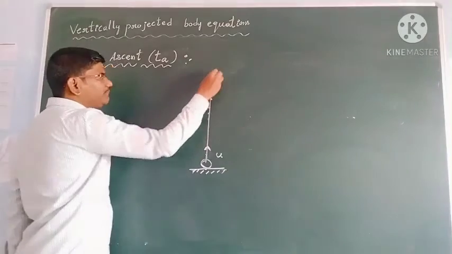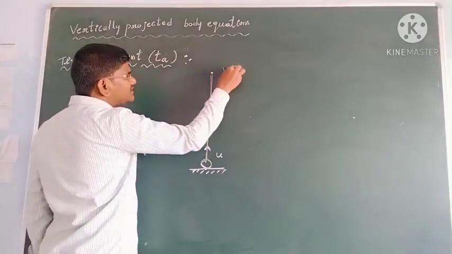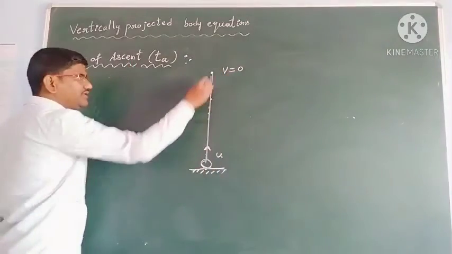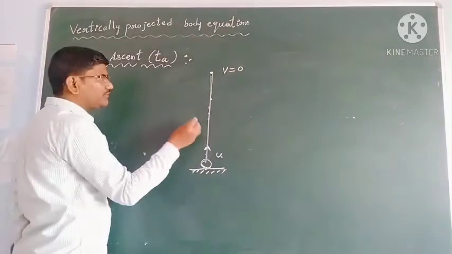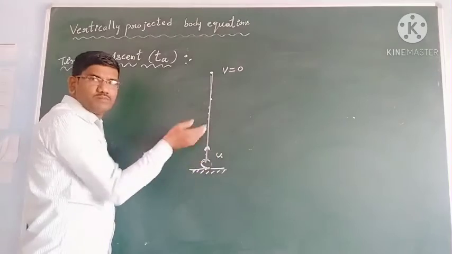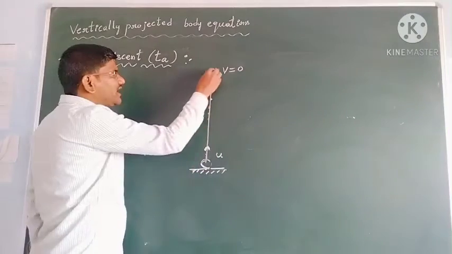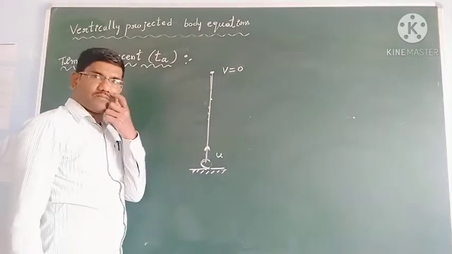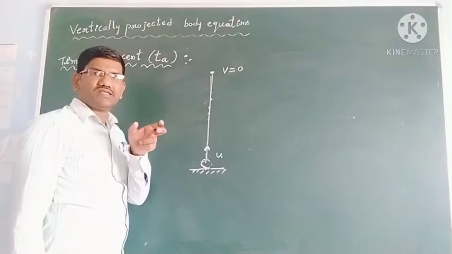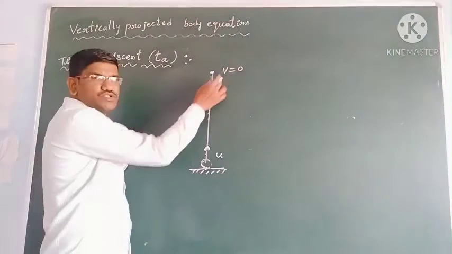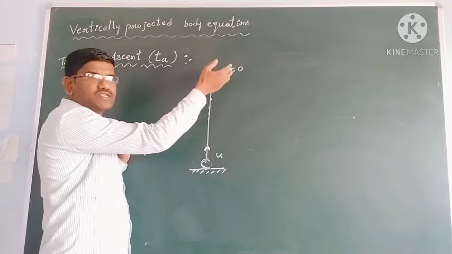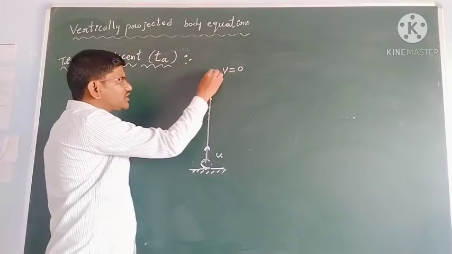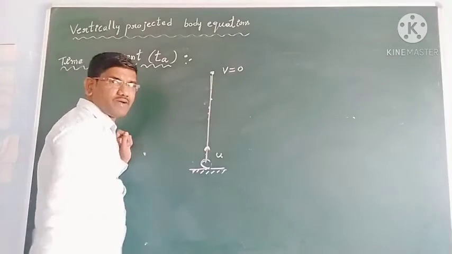So see, if the velocity is 0, then the height attained is called the maximum height. Because as it is going up, speed is decreasing. If it has reached the maximum height, that is, if velocity becomes 0, it can't go to a further height. It cannot still move in the upward direction. So when its velocity becomes 0, the height attained is called maximum height.